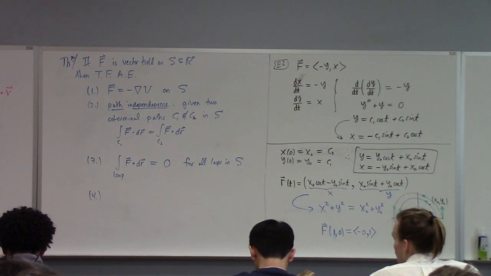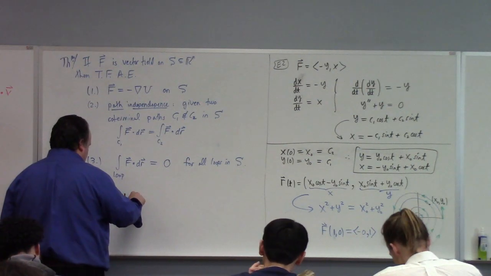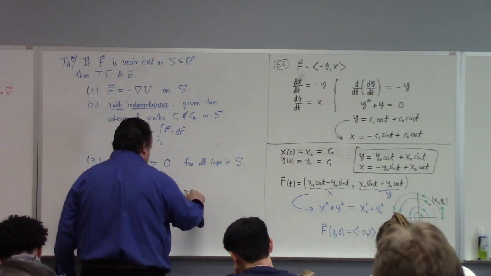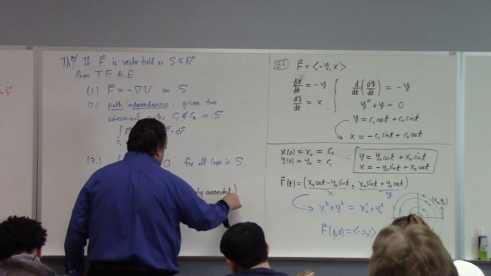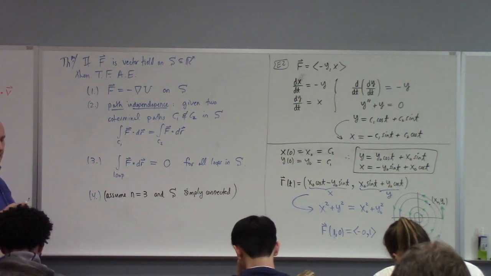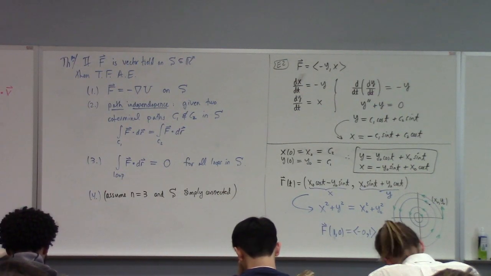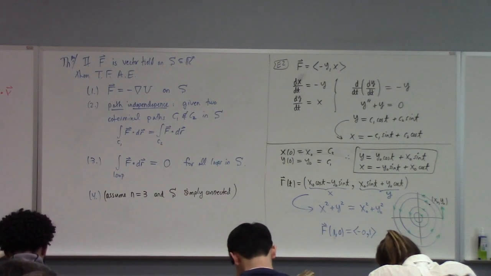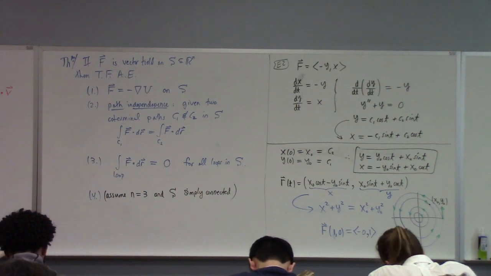This one's special. Assuming n equals 3 and S simply connected. To say that S is simply connected means that any loop that we can take in S can be smoothly deformed to a point. For example, if I take R3 and remove the z-axis, this would not be simply connected, because if the loop was around the z-axis, I couldn't smoothly deform it to a point.